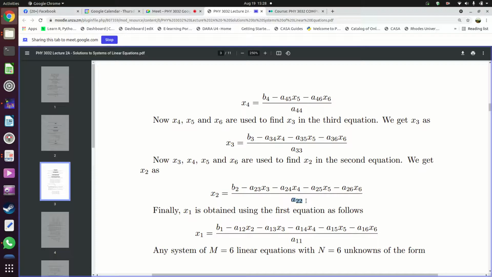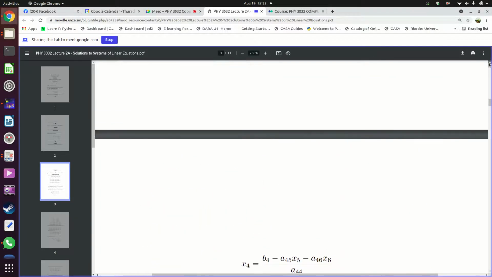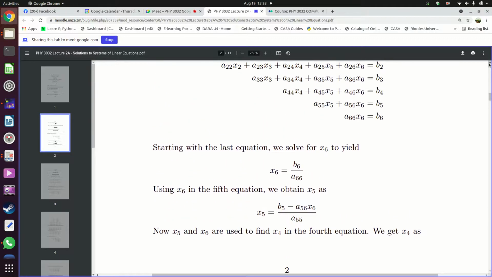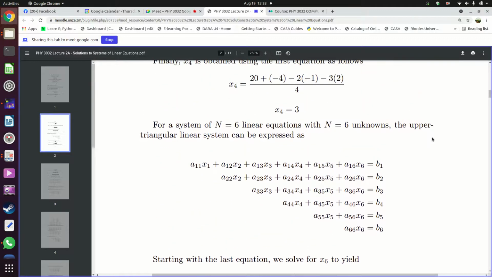Okay, then at this particular point, we have almost everything we need. The only thing now we need to do after we find our x2 is use the first equation for us to find x1. So here, we get all these guys to the other side. When you get all these guys to the other side, you end up having b1 minus a12 x2 minus a13 x3 minus a14 x4 minus a15 x5 minus a16 x6 divided by a11.